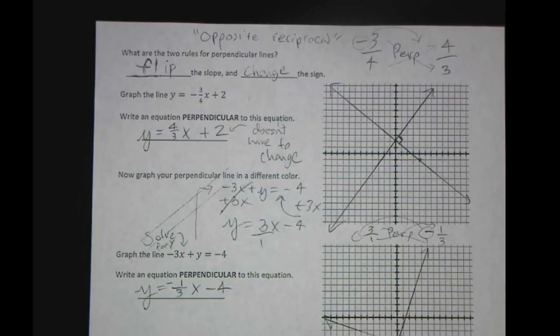So does everyone understand? Everyone in the back, that you have to flip the fraction and change the sign for perpendicular. Okay? So even if it's not in y equals, you can solve for y, get your equation, and then do the opposite reciprocal. That's the other way of saying it. So this is the back of your notes. Make sure you have the back of your notes done right. Let's see that, okay?